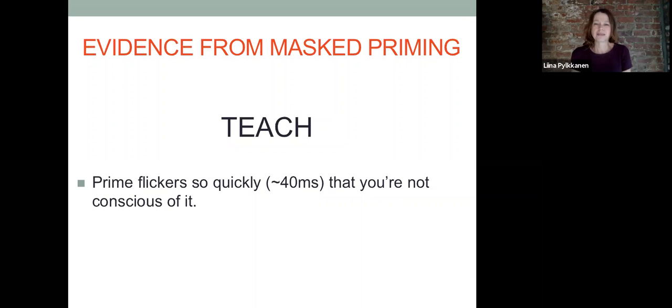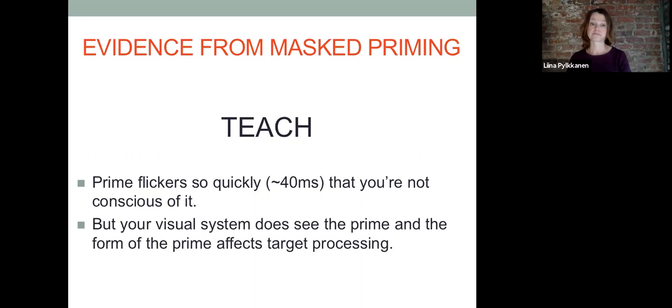Now you might think that that kind of rapid presentation would not matter for processing at all, but it actually does, and in a way that is relevant for our morphological theories. Your visual system does see the prime, and the form of the prime affects target processing. So we can see effects of the prime on your button press times to the target, even though you're not consciously aware of having seen the prime.